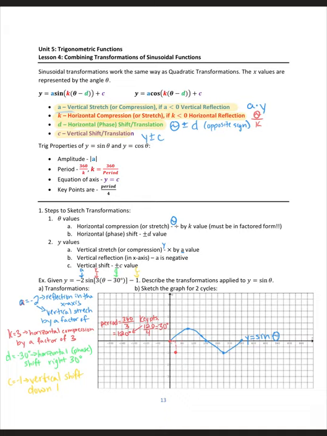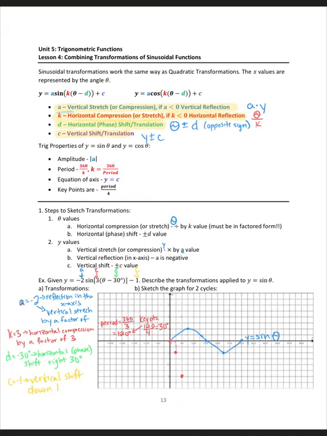So I'm going to reflect that point all the way over the x-axis, which brings me down to -2. And then finally, I'm going to move that down 1 to -3. All right, so we'll do the next point, and then we'll pause the video and get you to try some of these points as well.